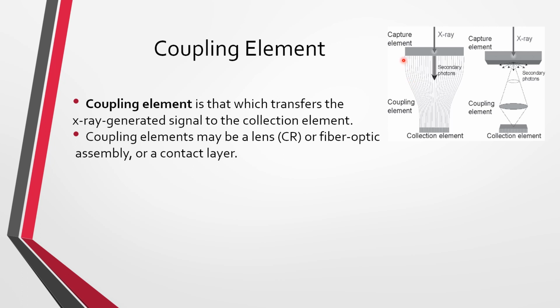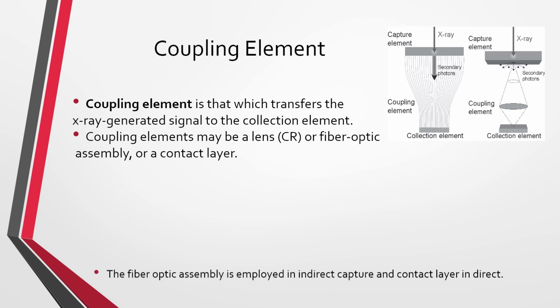And you can see from this that you'll capture it here and it'll send it to the collecting element right down the line. So this is a way of funneling or coupling, putting everything together, right? The signal to the collection element. All right, so it keeps it in the right spot as much as possible, which is really the purpose of it.